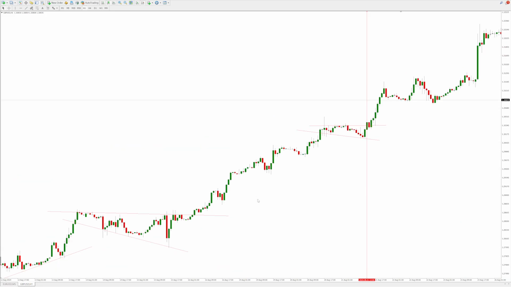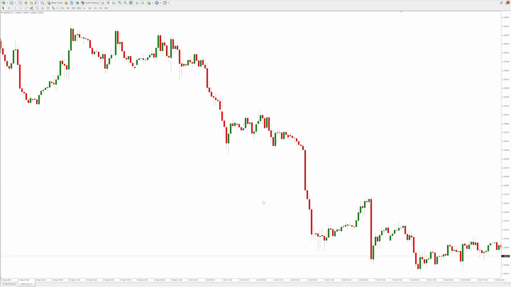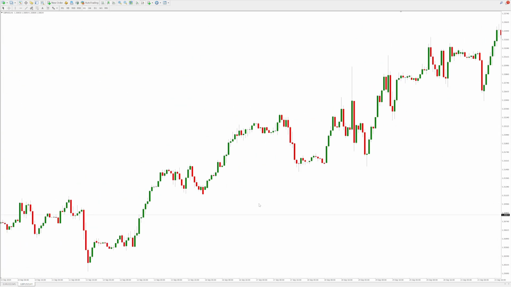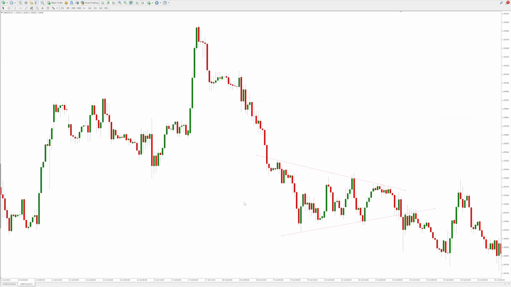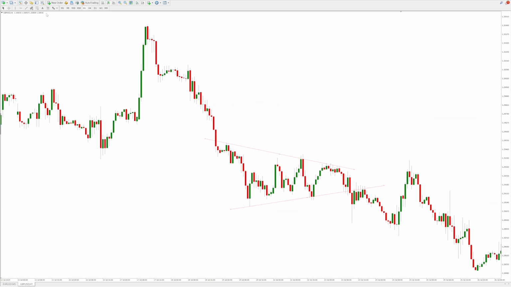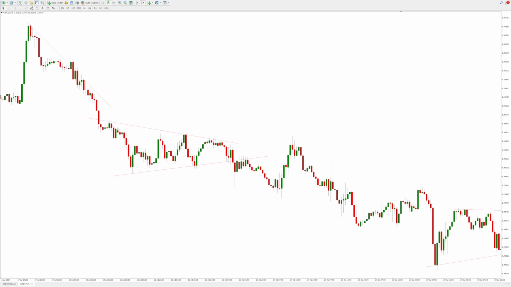Now we're going to take a look at, I've already marked off here, a downtrend here. So again, clear trend downwards. Okay. And then this is where the price formed support level.